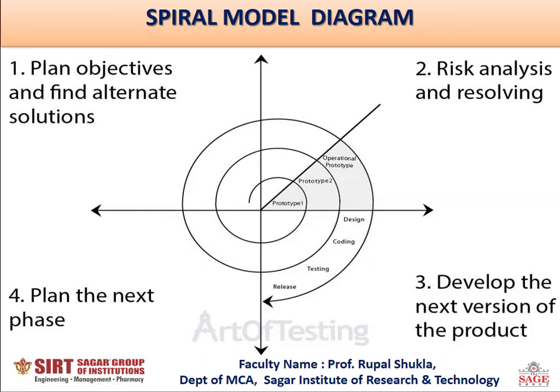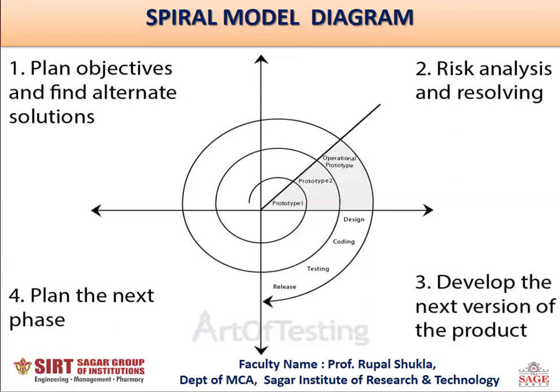Then they will move to the next phases of the software development life cycle, like design, coding, testing, and release. Once the requirement is clear, the development team and client team will move to the next phase of the software development life cycle.